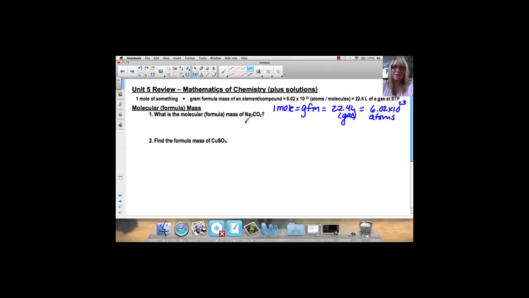So here we've got Na, which is going to be 2 times 23, which is 46. You've got carbon, 1 times 12, which is 12, and you've got oxygen, 3 times 16, which is 48. And then I add all of that up, 106 grams.